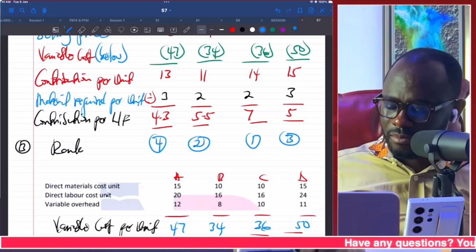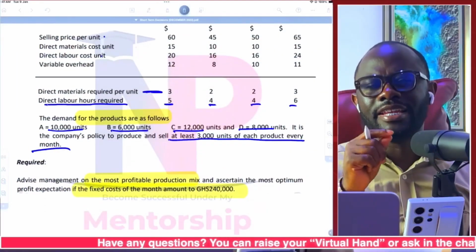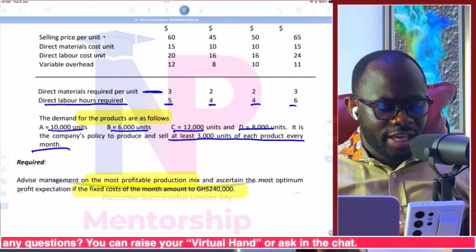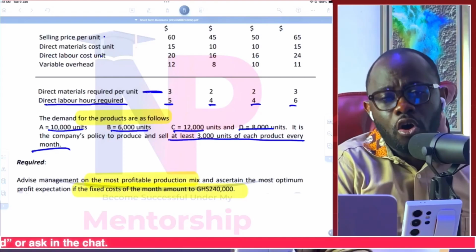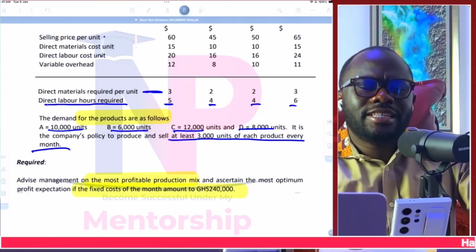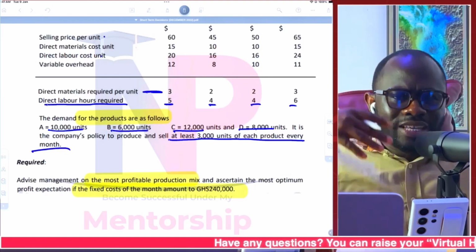But there is something we have to pay attention to. Always, in designing a production plan, if there is a minimum unit that the entity must produce or a contract that the entity must fulfill, we first have to produce that.